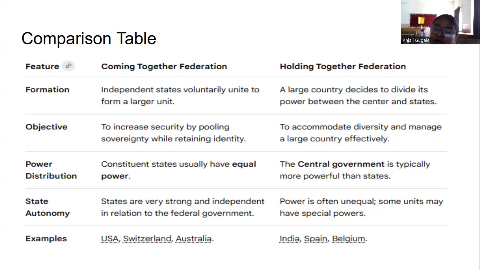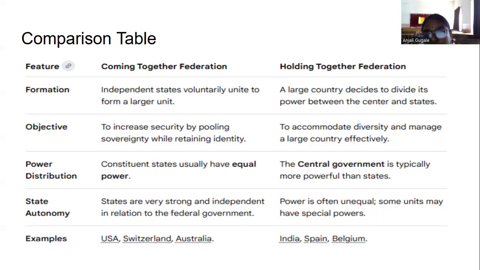Whereas in the holding together federation, the main idea is to accommodate the diversity and manage a large country effectively. Now, children, if we look at any country in the world, everywhere we will find that some people are in majority and some people are in minority.